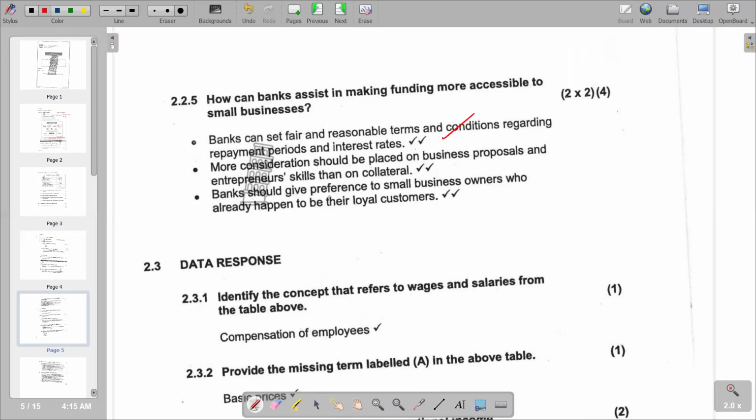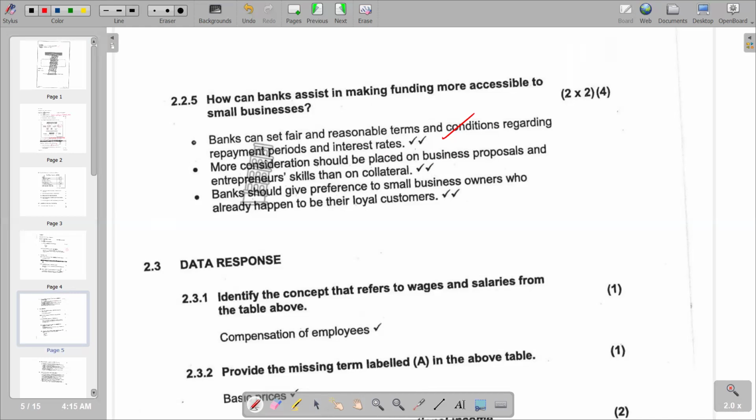Then the second point says more consideration should be placed on business proposal and entrepreneurial skills than on collateral. So when assessing the business proposals, the banks should not consider collateral so much, because remember, small businesses do not have many assets that they can use as collateral because they are small.